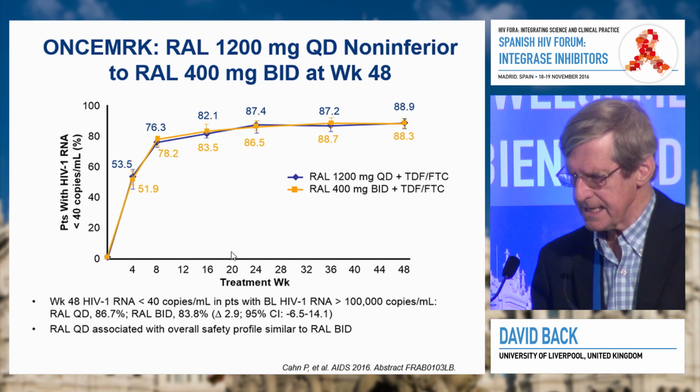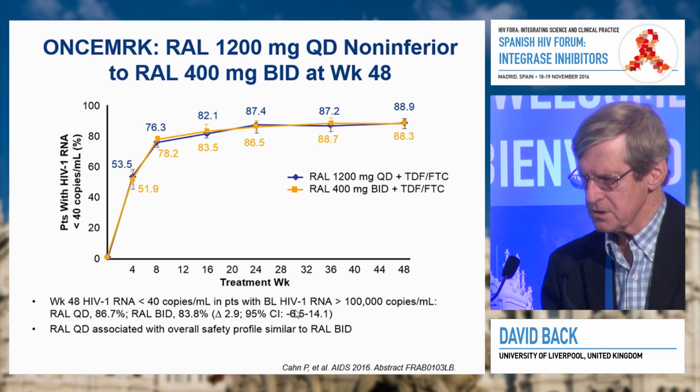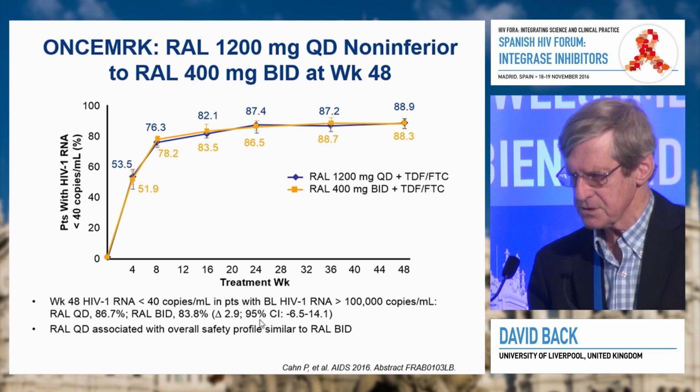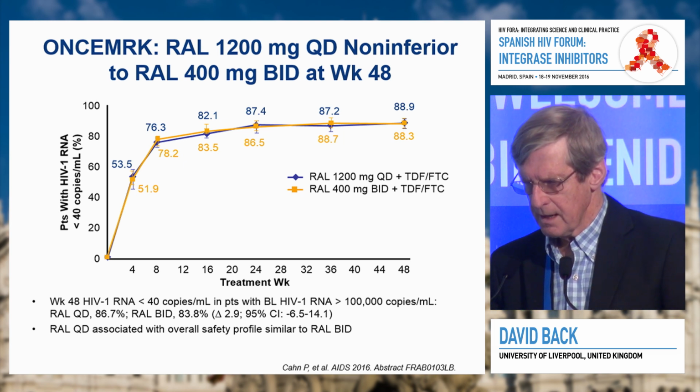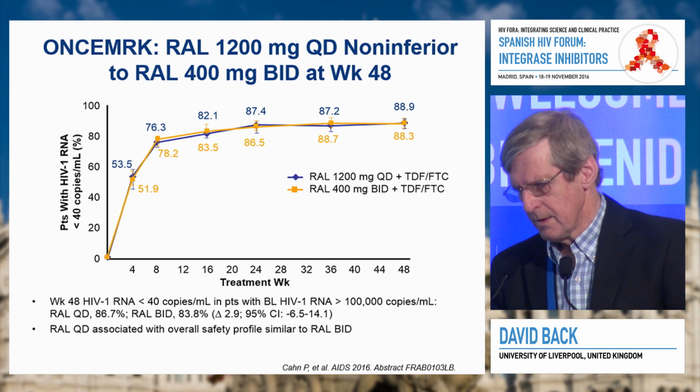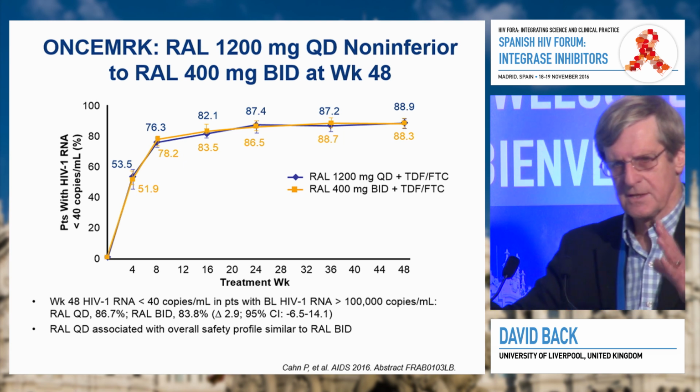And if you come down here and look at those patients with greater than 100,000 copies, you can see similar numbers in terms of the percentage below 40 copies. Now, that is the data that we have.